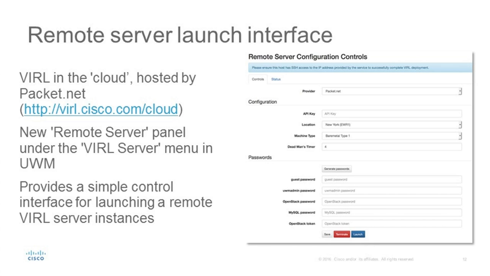Pressing that launch button will take care of the spin up and take it all the way through to the point where that server is up and running on packet.net. You'll then be able to download the OpenVPN file to get your secure connection into the server. And once you're finished, just pressing the terminate button will bring that VIRL server down.